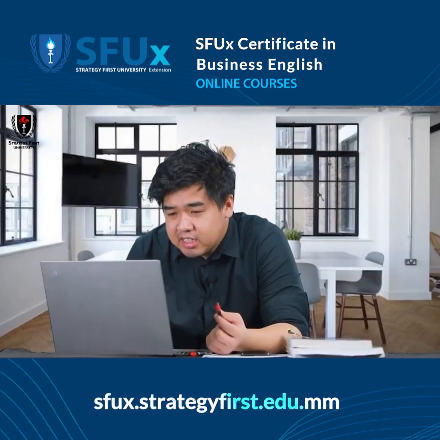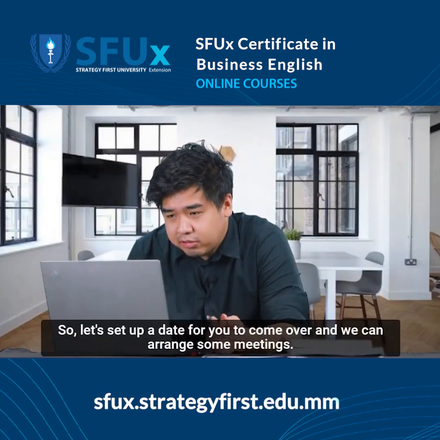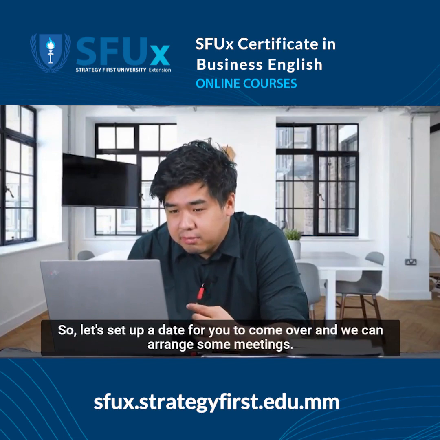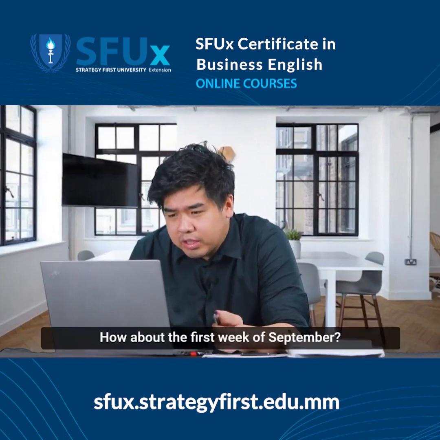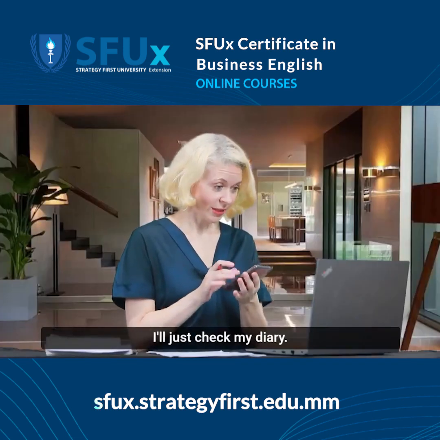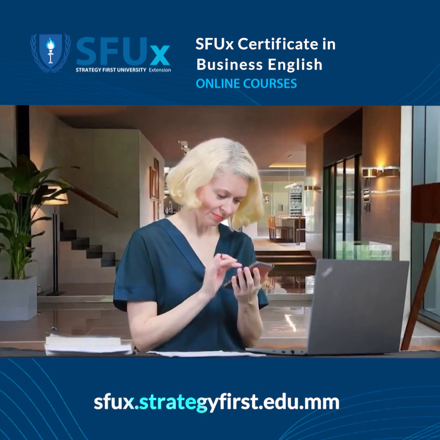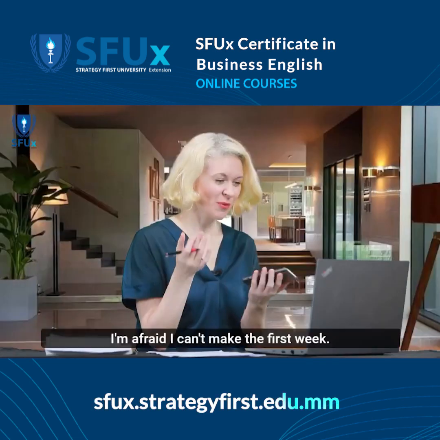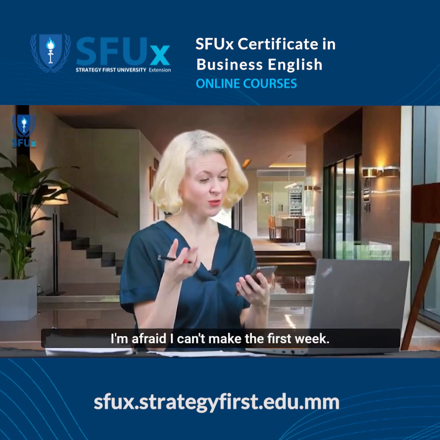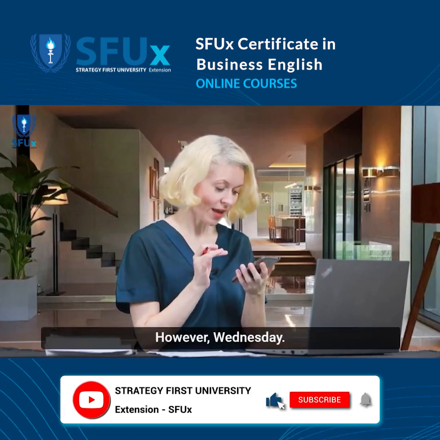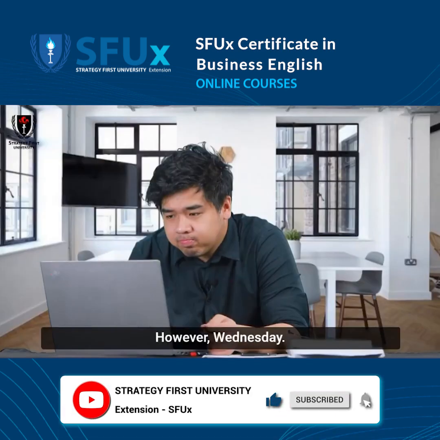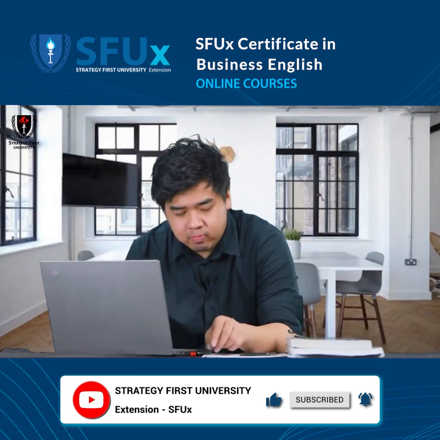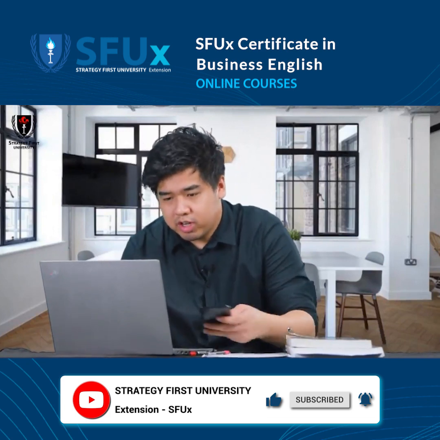Okay, great. So let's set up a date for you to come over and we can arrange some meetings. How about the first week of September? I'll just check my diary. I'm afraid I can't make the first week. However, Wednesday the 9th of September is good for me. Right.